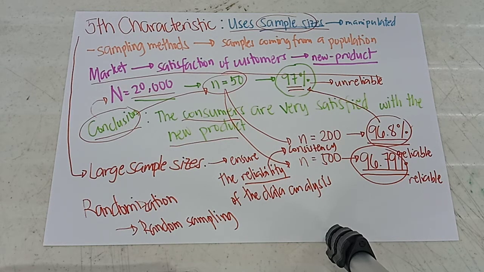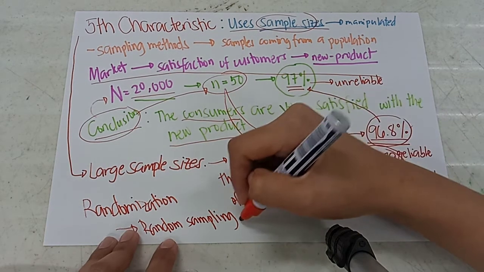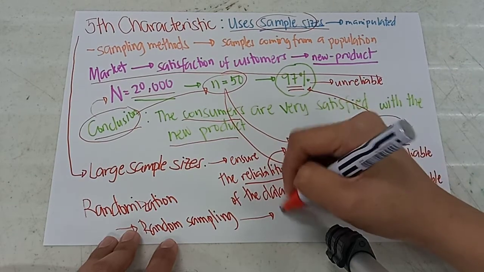We pick them out randomly, so that there would be no biases. Random sampling is recommended in determining the sample size to avoid researchers' bias in interpreting the result.